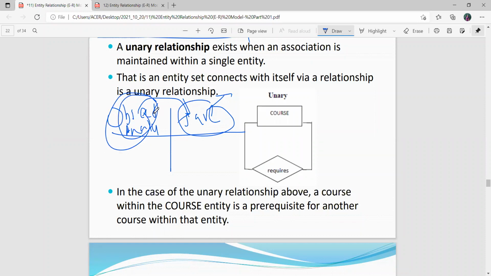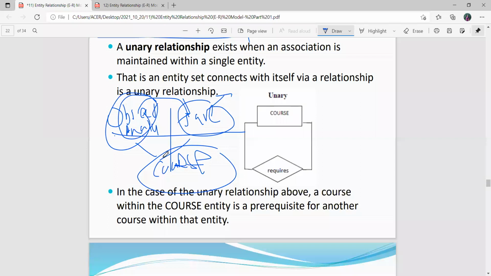These two values belong to the course entity. Because this is also a course, this is also a course. So object-oriented analysis and Java belong to the course entity. To take Java, it is needed to complete this object-oriented concept.